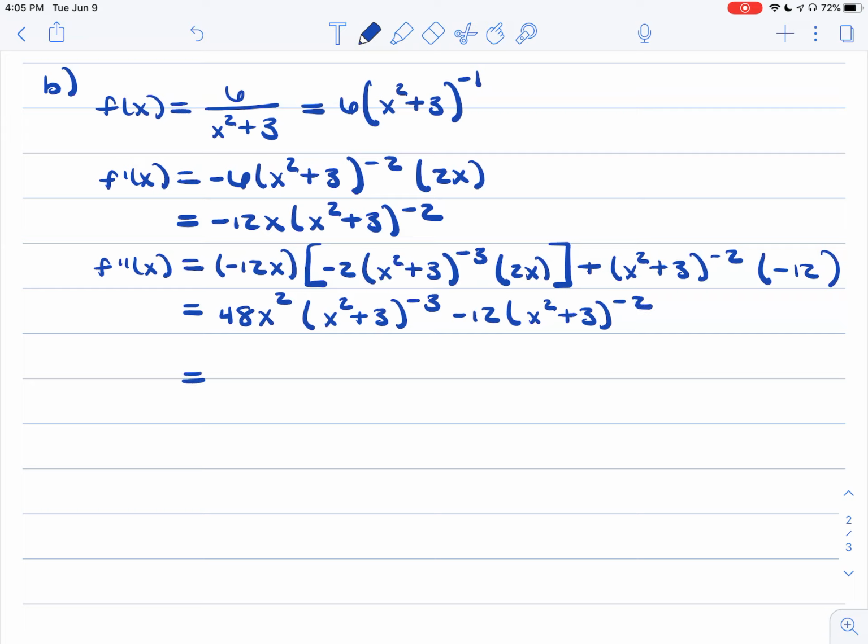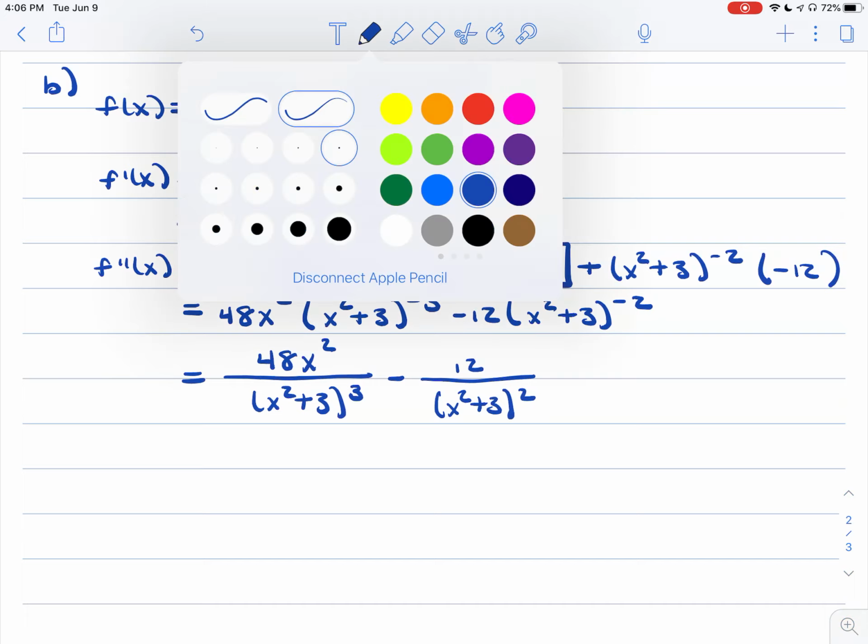All right, now I'm going to change my negative exponents back to fractions. So we'd have 48x squared divided by x squared plus 3 quantity cubed, and then minus 12 over x squared plus 3 quantity squared.